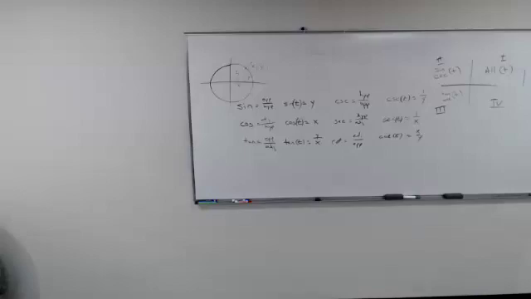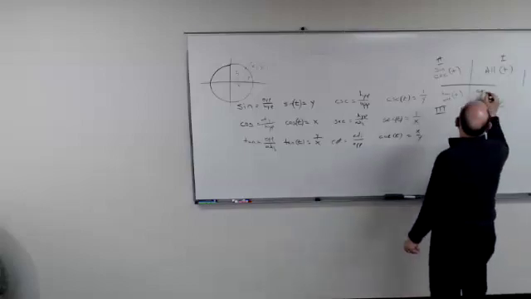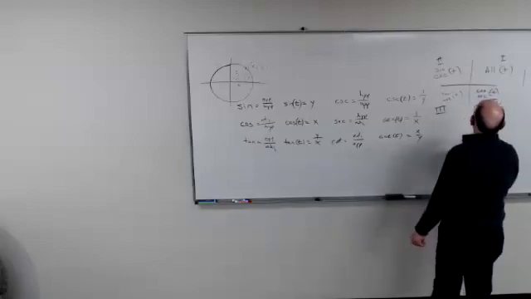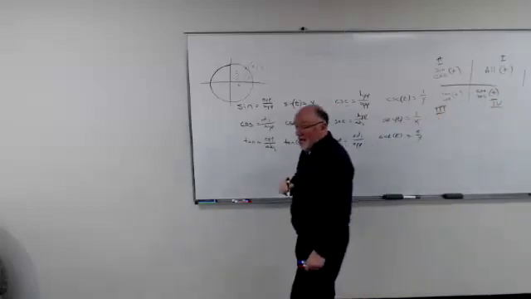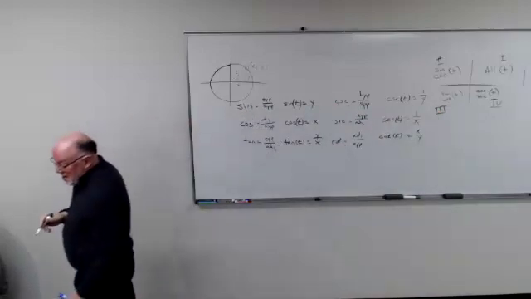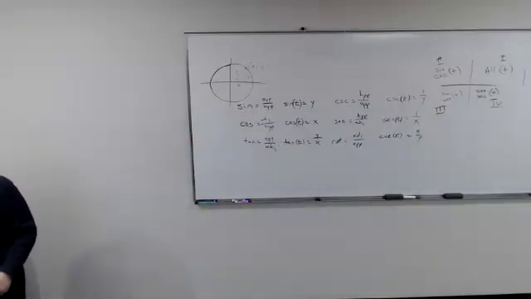And then lastly, in the fourth quadrant, you would have cosine and secant. After all, in this quadrant, x is positive. Okay? So that is the sign values of our trig functions.